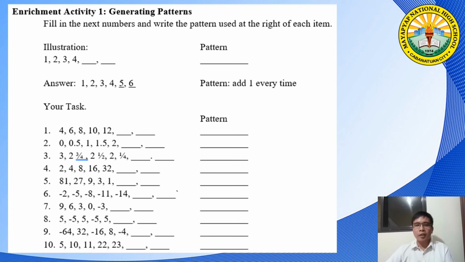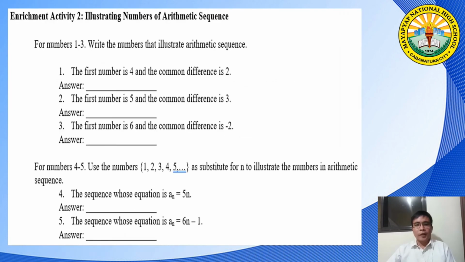Follow the illustrative example shown before your task. For enrichment activity 2, illustrate the numbers in arithmetic sequence. Follow the instructions for numbers 1 to 3 and for numbers 4 to 5.